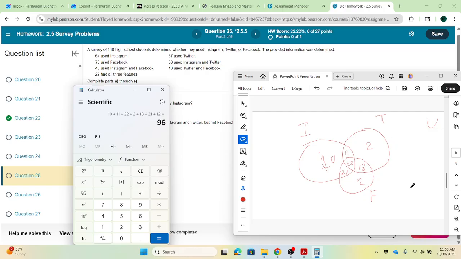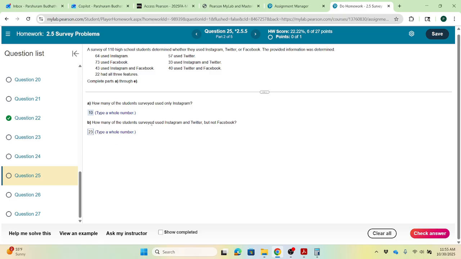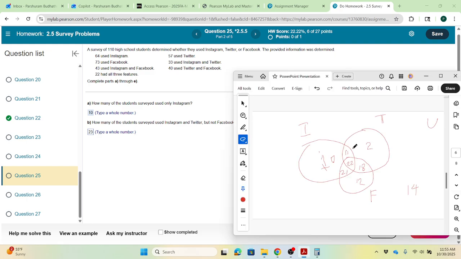They don't use anything. So now this question asks me, how many of the students surveyed use Instagram and Twitter but not Facebook? 21, they use Instagram and Twitter. 21, 23. That's supposed to be right. Did I do something wrong?